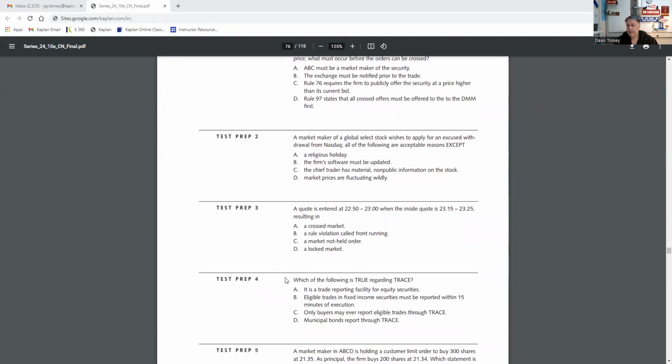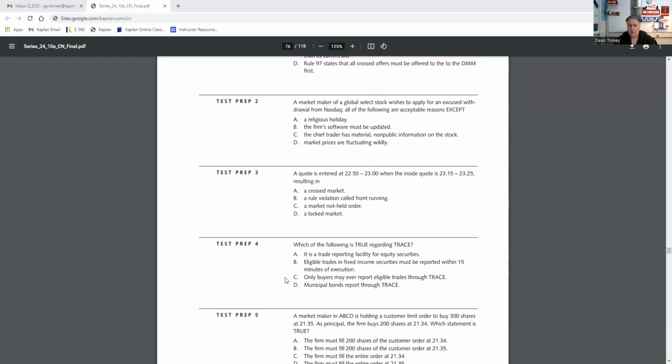Test prep 2. A market maker of a global select stock wishes to apply for an excused withdrawal. So there are 2 types of ways to withdraw your quotes. One is keyboard withdrawal, not so good. And the other is excused withdrawal. And you can certainly do that for a religious holiday. Absolutely. The firm software must be updated.